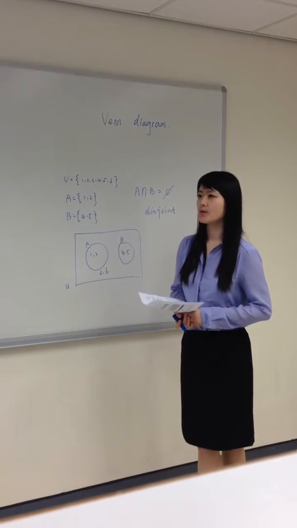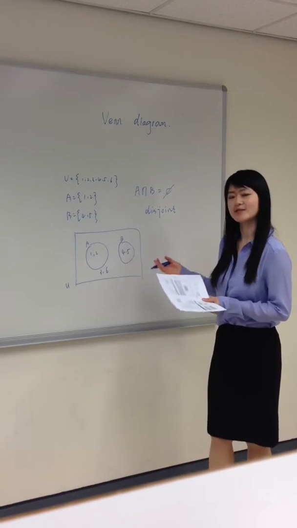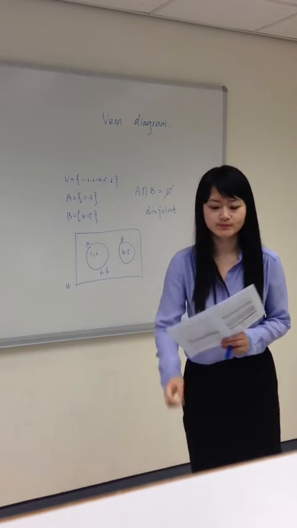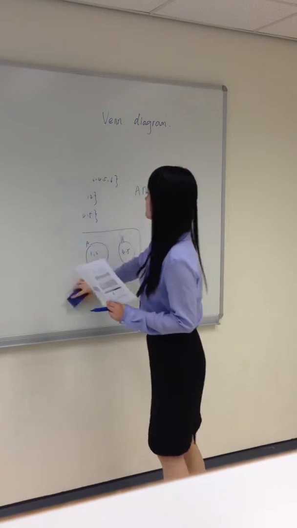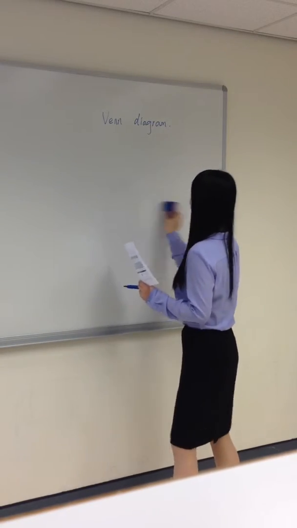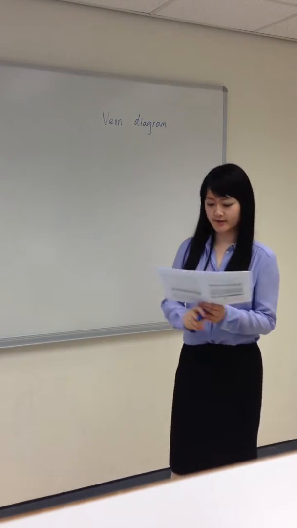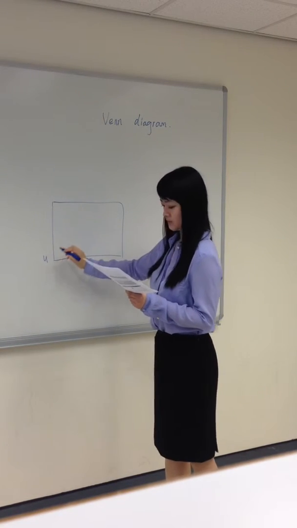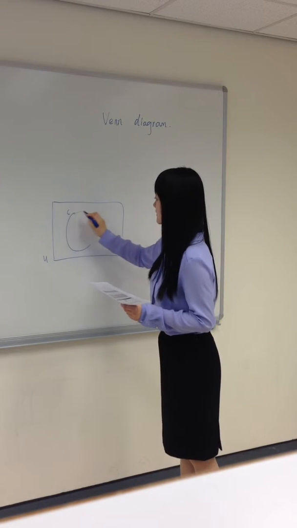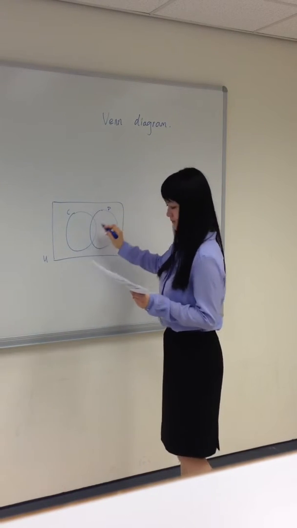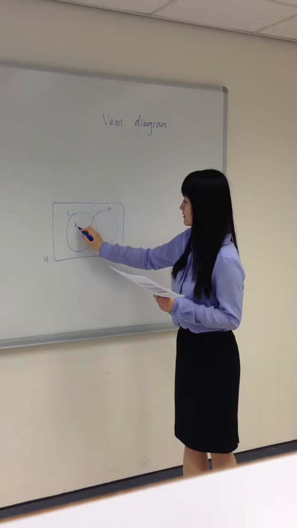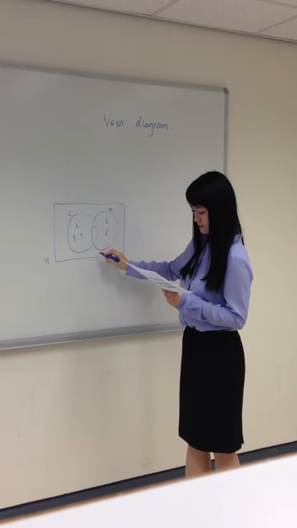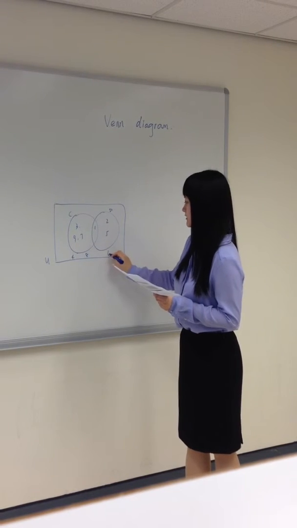Okay. In order to further study the union set and intersection set, we will now do another example. Consider there is a universal set here, U, and the set C and set D. 3, 9, 7, 1, 2, 5, 4, 8, and 6.